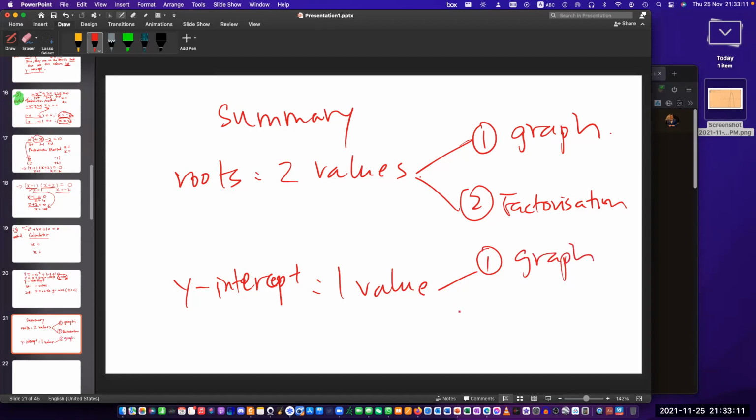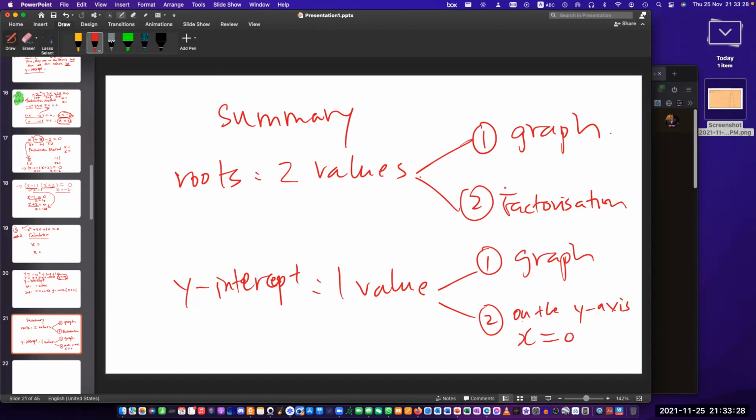Method one, graph. Method two, factorization. And of course for the y-intercept, one value. Method one, graph. Method two, it's on the y-axis, so what's the meaning of that? X equals 0.